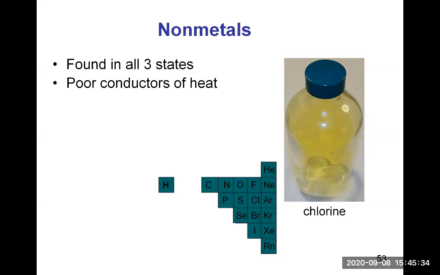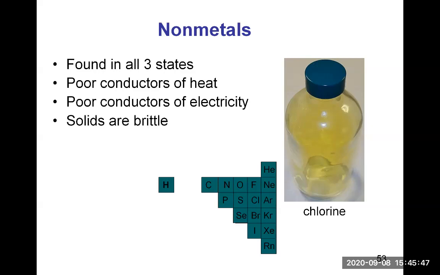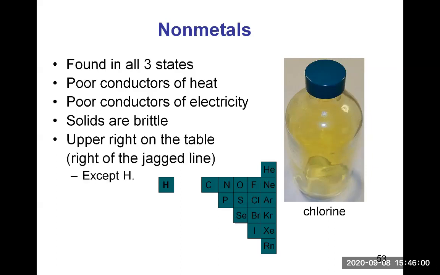So non-metals are poor conductors of heat, as opposed to metals. Non-metals are poor conductors of electricity, again, as opposed to metals. The solids are brittle, like selenium, iodine, phosphorus, and sulfur. I forgot sulfur. Carbon too. They are all brittle solids.